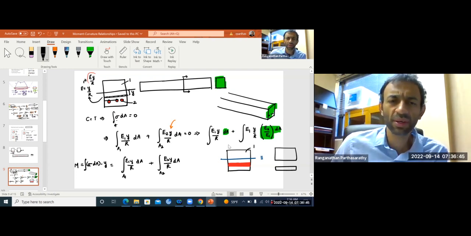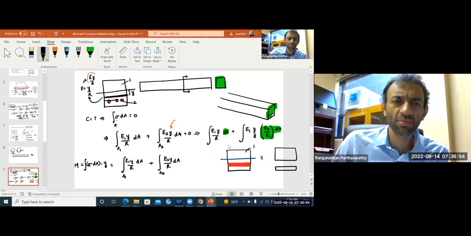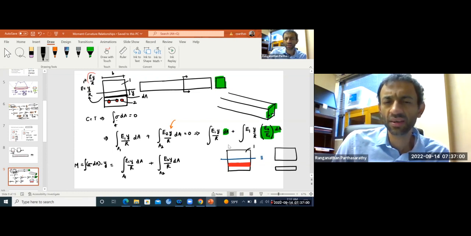Now, remember, what is dA? All the strip areas that we have been writing here. For example, what's the area of this strip? Whatever is the width, that is b, times dy, right? The infinitesimal area of this strip, this rectangle, has depth dy and breadth b.